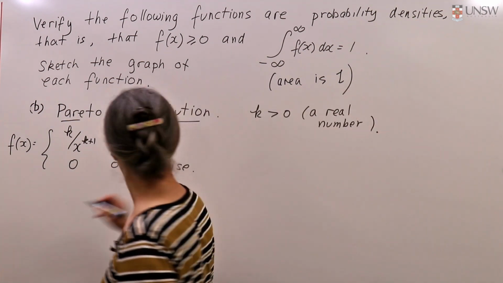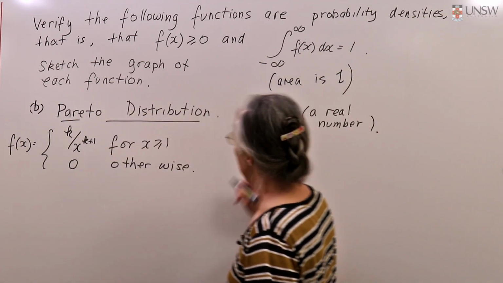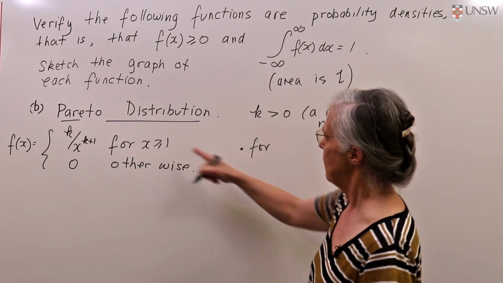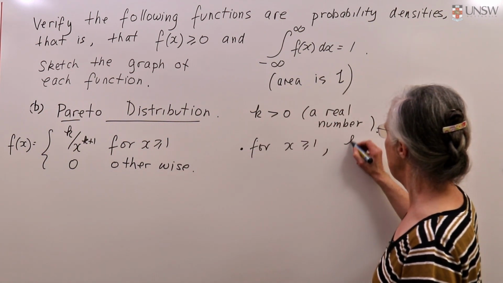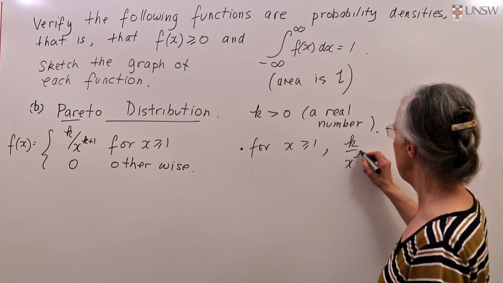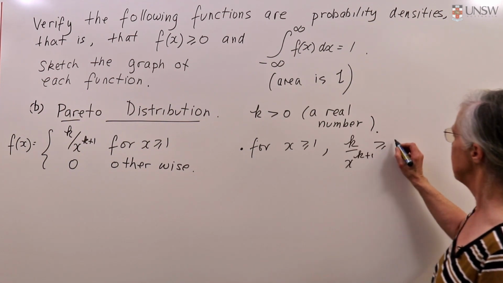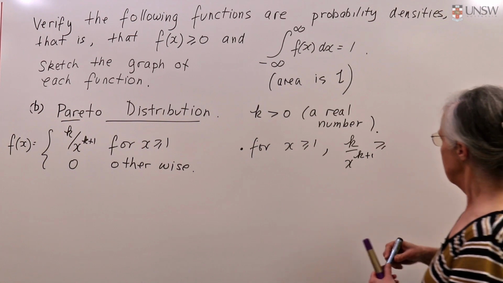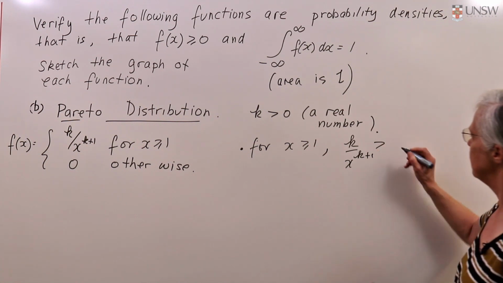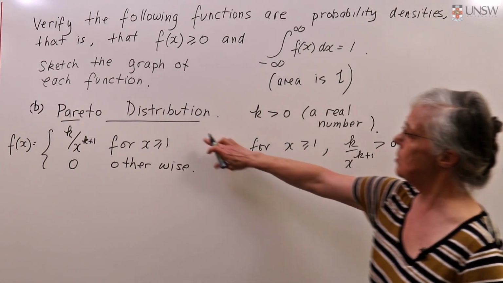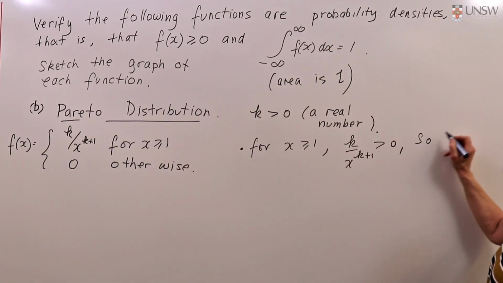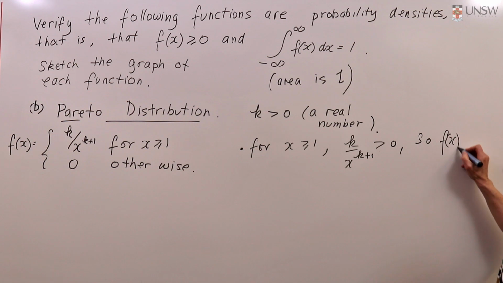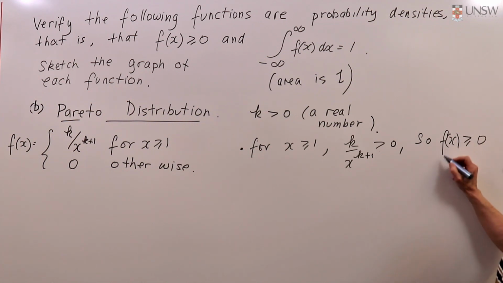So to start with, for x greater than or equal to 1, we get that k on x to the k plus 1 is in fact greater than 0. So this is always bigger than 0, and this is 0. So f(x) is greater than or equal to 0 everywhere.